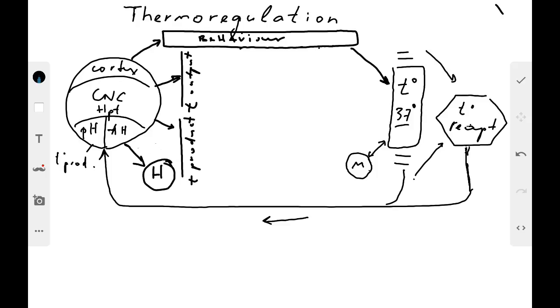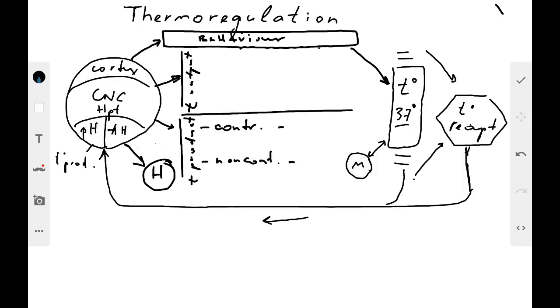We will discuss them separately. Thermoproduction may be due to muscle contractions, so contractile mechanisms, and non-contractile mechanisms. We will discuss them separately.